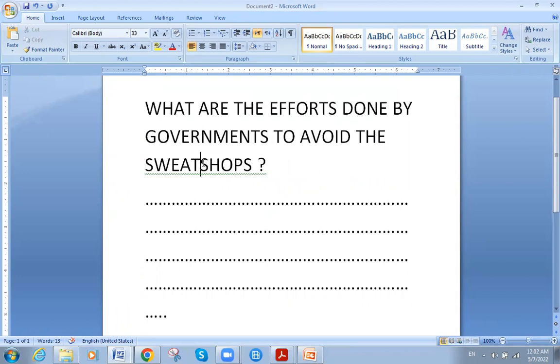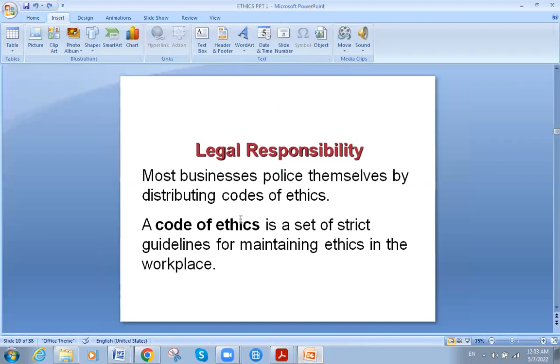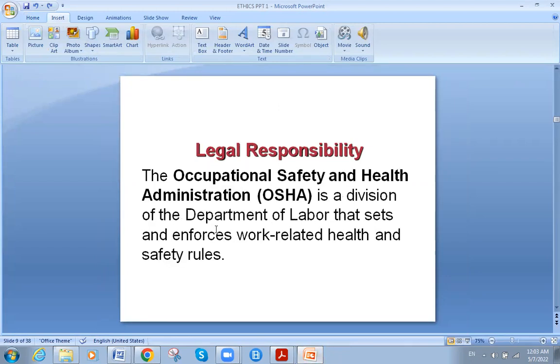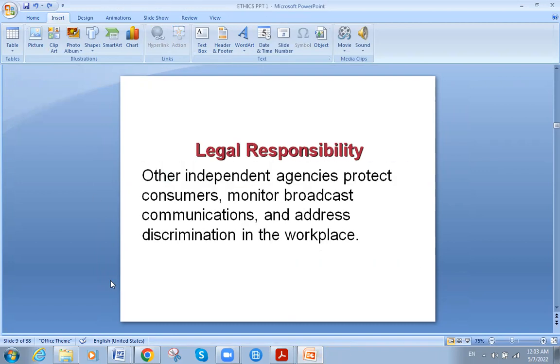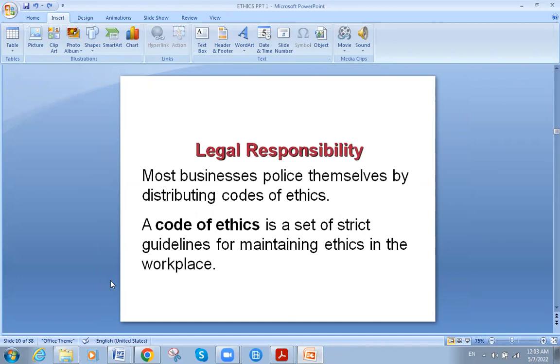So we talk about things like, for example, the unions, plus, beside the unions, we talk about the rules of the government's boards, like the Occupational Safety and Health Administration, which help to defend the workers' rights.